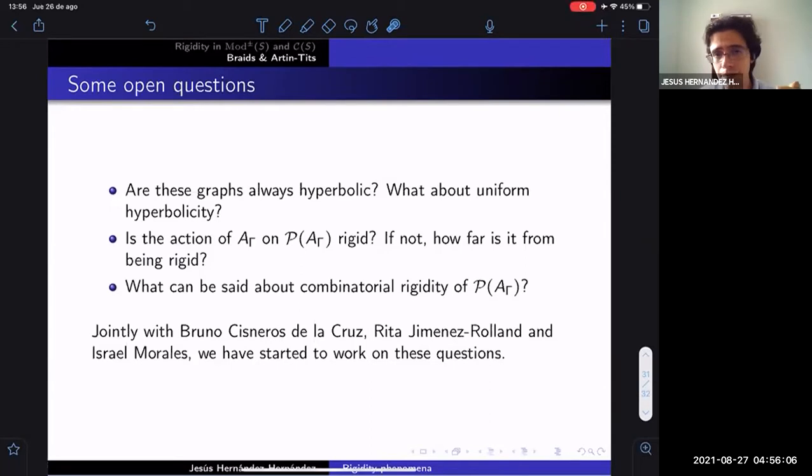However, the image of the representation has finite index, so it's not very far from being rigid. And for this one, I'd like to say yes, because I like things to be rigid, but to be honest, it's a completely open question. I would be happy with either answer, but I'd be happier if we had some sort of combinatorial rigidity.